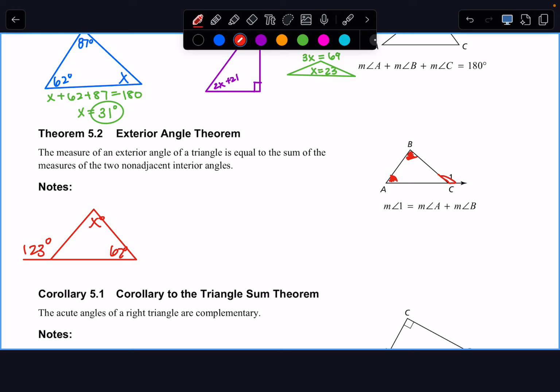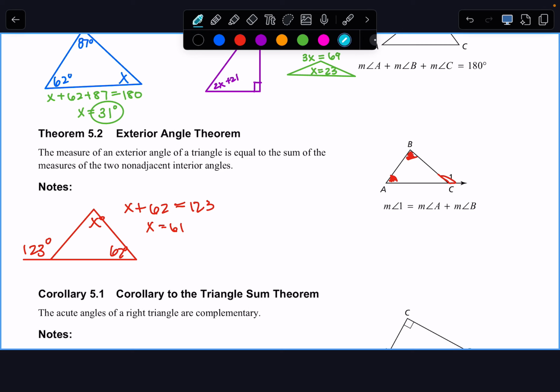All right, what's X? All right, so we know that X plus 62 should equal 123. Okay? I thought that was a 7. Is that a 1? Yeah. I'm sorry that you can't read my writing.